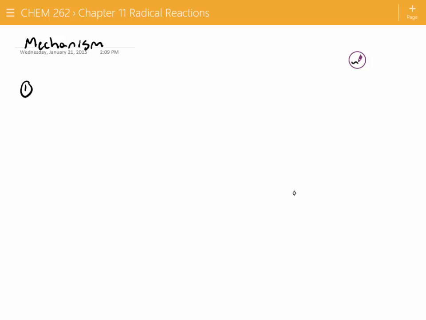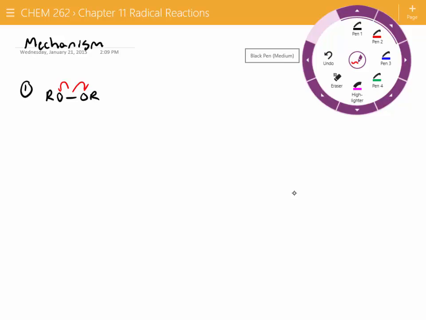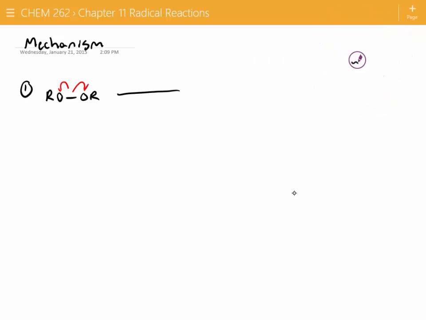We can use a variety of different radical initiators, and oftentimes it depends on the industry that's producing it. I'm just going to choose a peroxide because we've already seen this before. If we react a peroxide with heat, we can homolytically cleave the bond between the two oxygens, and we can get two radicals out.